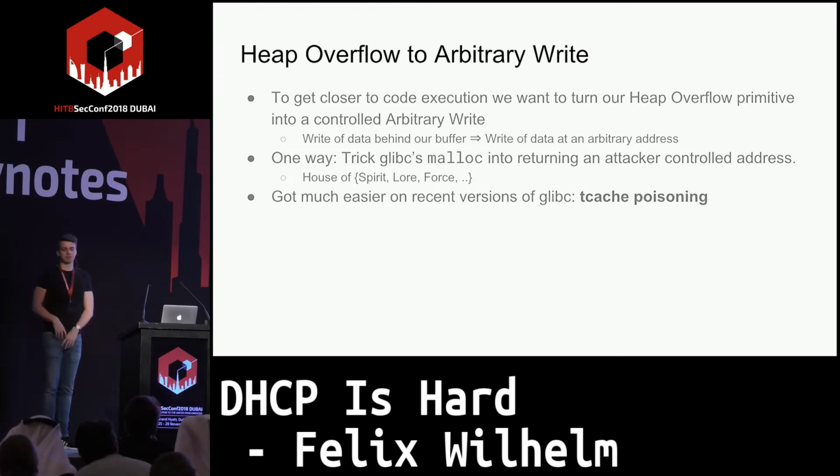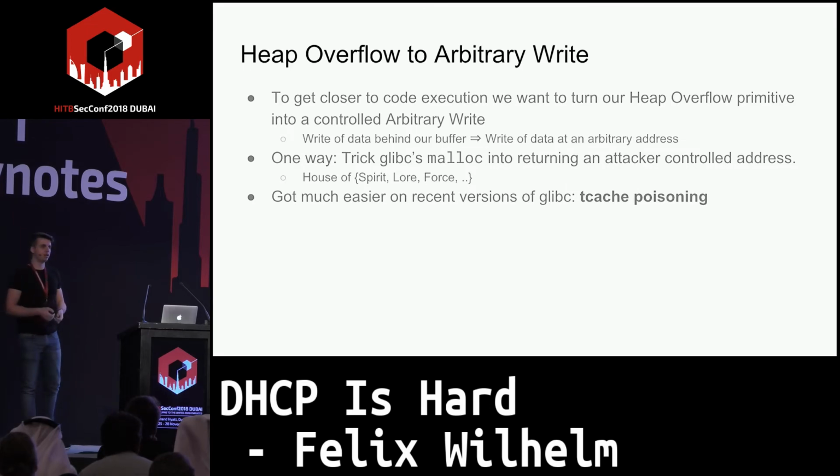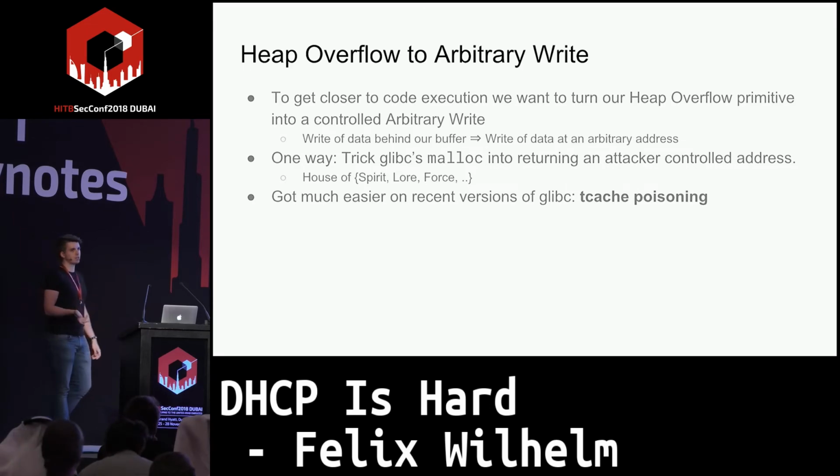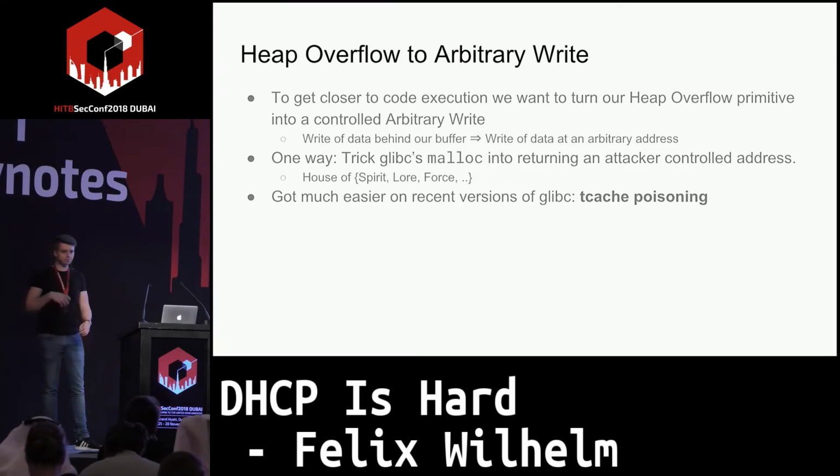Of course, this is something a lot of people have tried to do with a lot of vulnerabilities. There's a lot of cool research about it, and different techniques. One way to do it is to manipulate the glibc malloc metadata in a way that the next call to the memory allocator will return an attacker-controlled address.